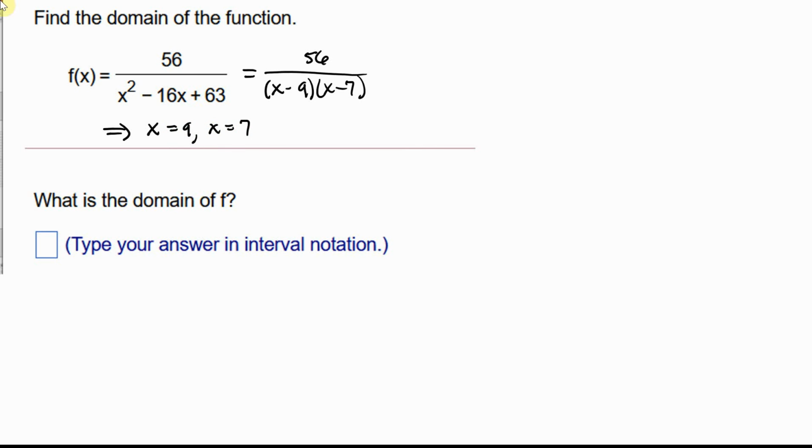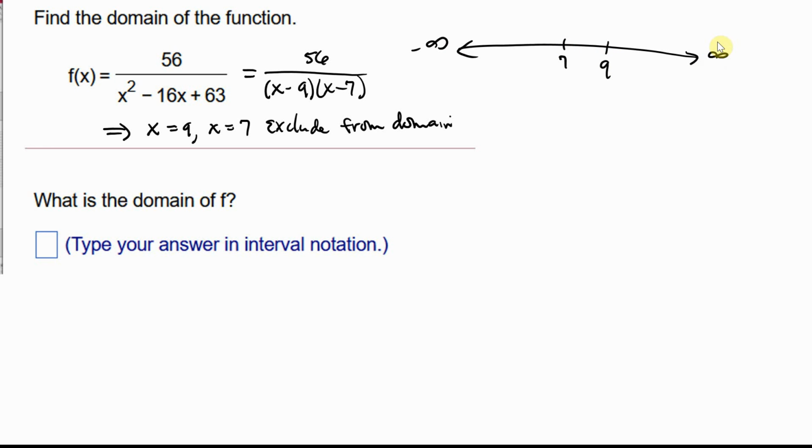So we're going to exclude these numbers from the domain. So our domain would go, just look on the number line, just to make sure that we get the right order. Going from left to right, this is negative infinity. And then you get to 7, and then 9, and then plus infinity.